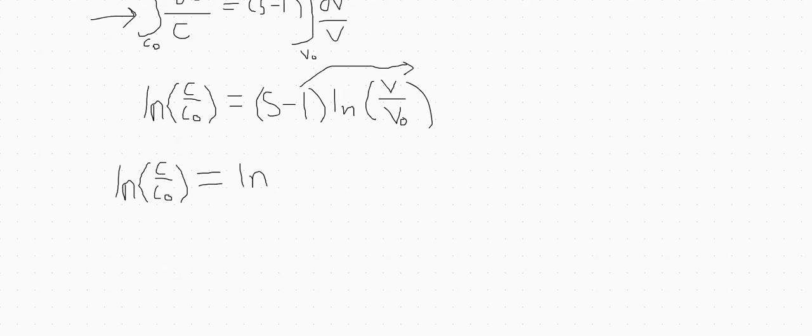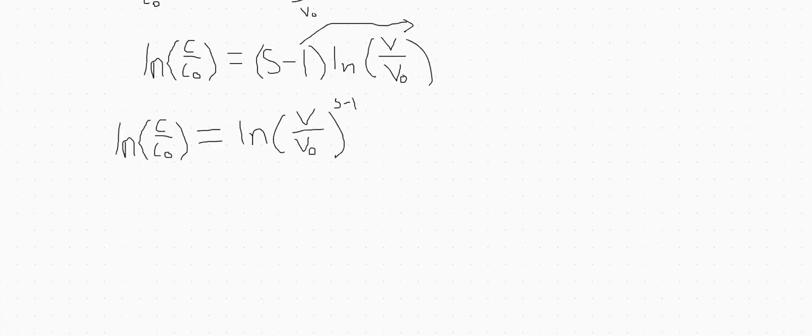That's just a property of logs. We're going to have natural log of V over V naught, times S minus 1. Okay, and now we can exponentiate both sides to get rid of that log. We're going to have C over C naught is then equal to V over V naught, raised to the S minus 1.